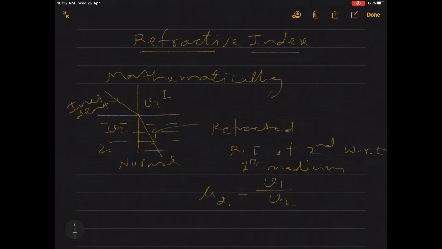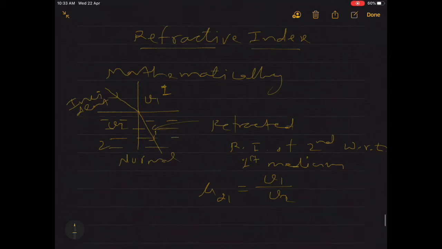It means it is the ratio of the speed of light in the first medium to the speed of light in the second medium. The first medium means the medium from which the ray is entering, and the second medium is the medium to which the ray is traveling. So that is called the second medium. So we have mu 21 is equal to V1 upon V2.